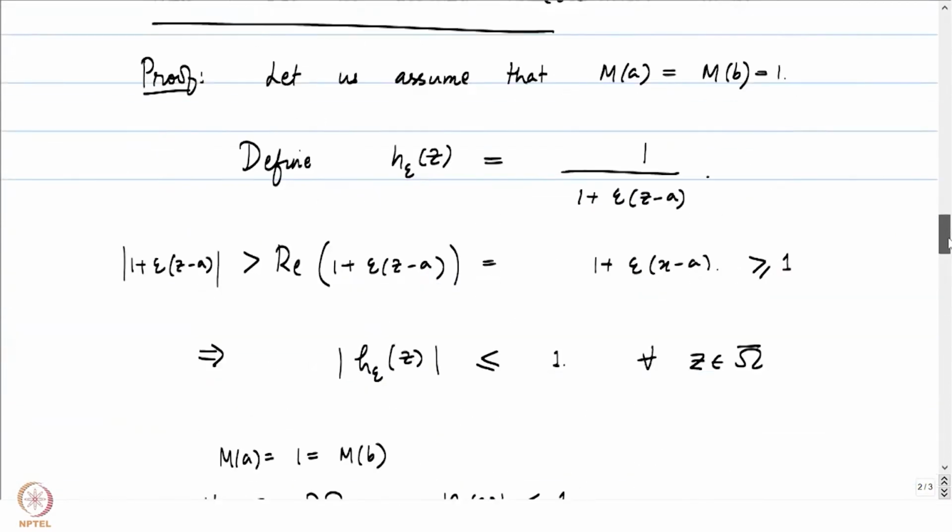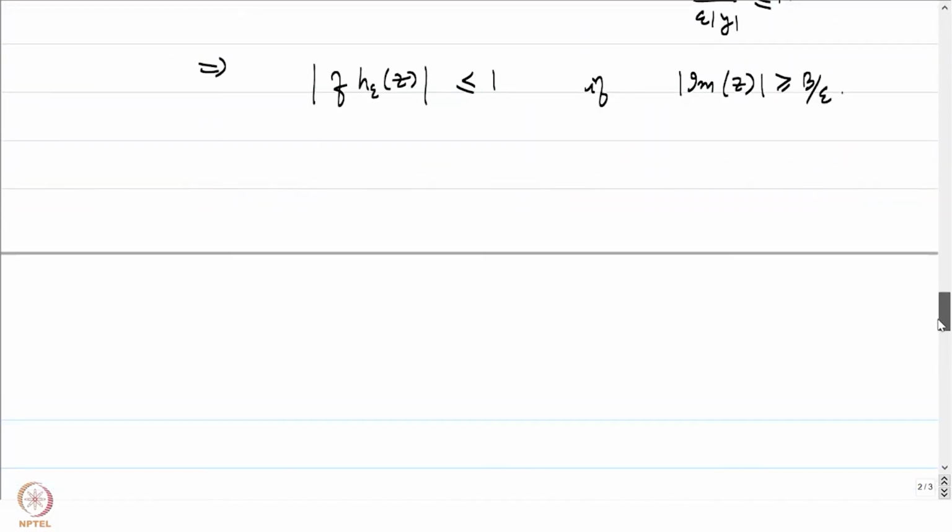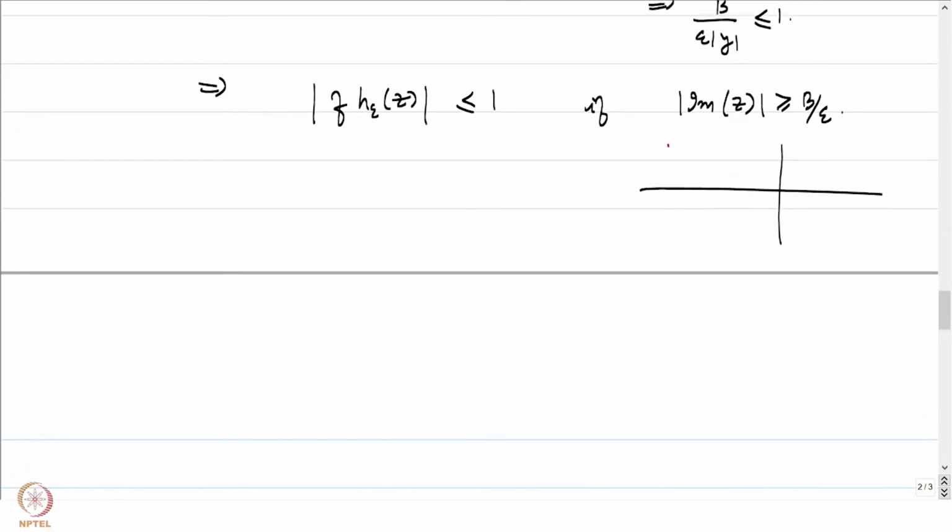So let me just go, or maybe I'll draw the picture once again. We are in the setup like this here, and our red lines were capturing the a's and b's, and what it is telling us is that if you look at the green, let me take the green to capture the imaginary part of z above b by epsilon, that's going to be this region which is now being shaded.